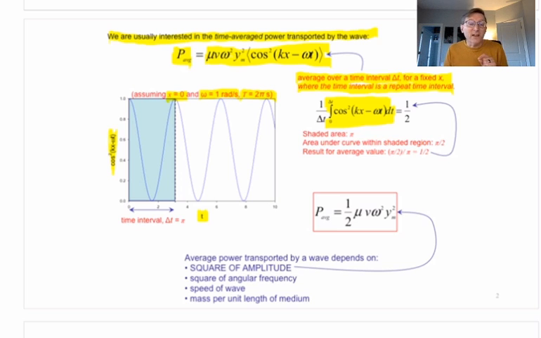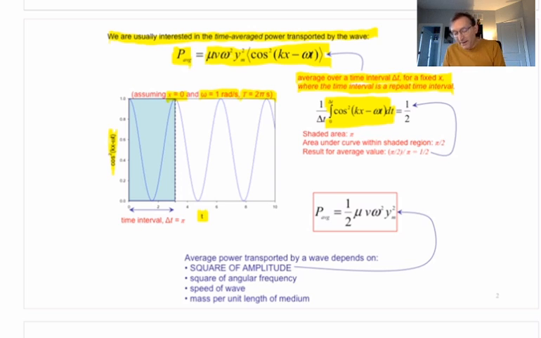Because remember, an integral is an area under a curve. So the integral of that cosine squared from 0 to delta t is the area under this curve inside that green rectangle. But I contend that the area under the actual blue curve inside the green rectangle is exactly half the total area of that green rectangle. Just kind of look at it a bit. You've got a lot of symmetry going for you.